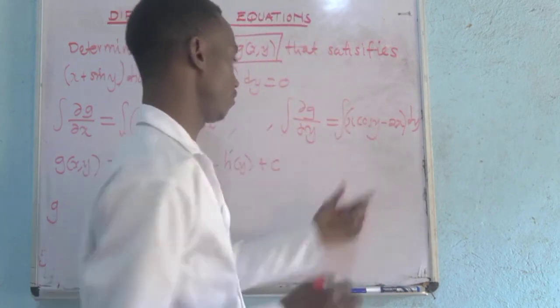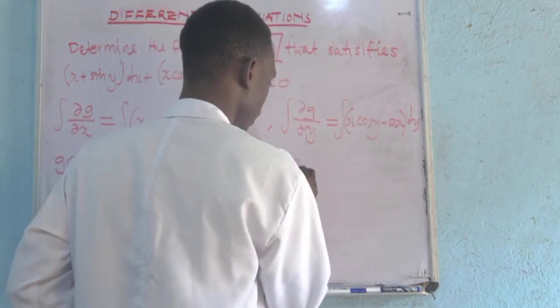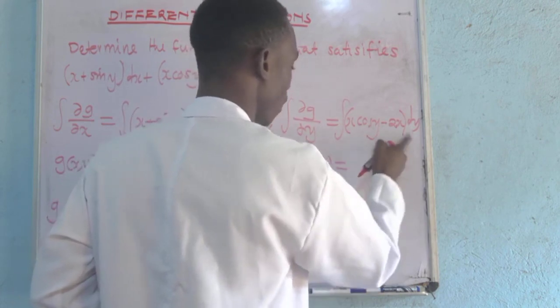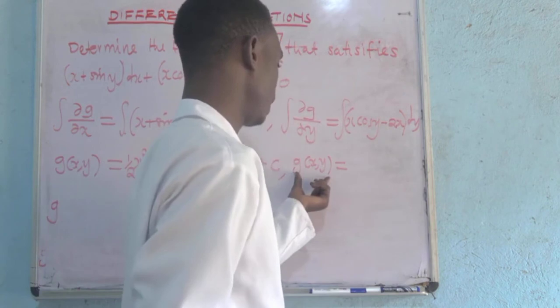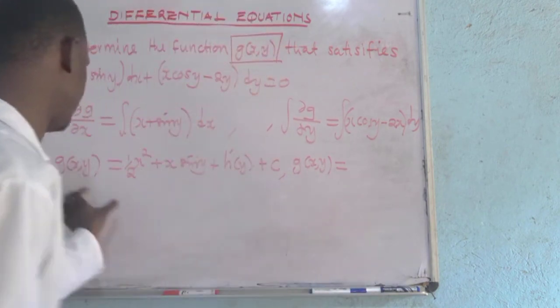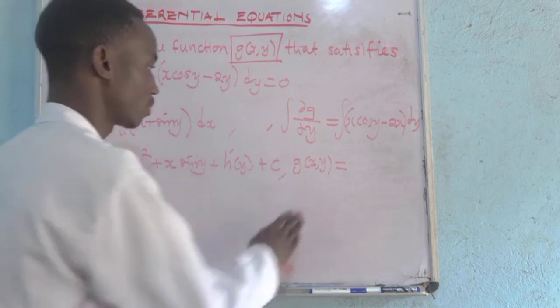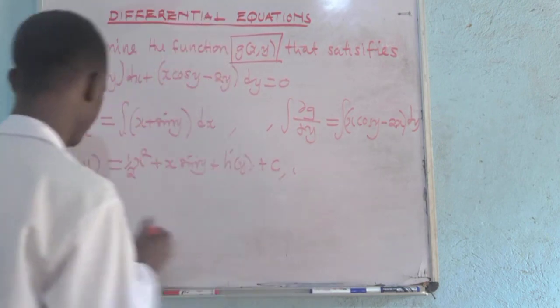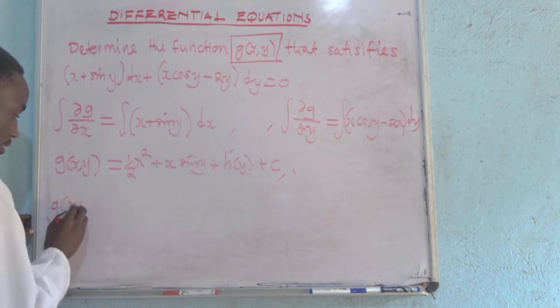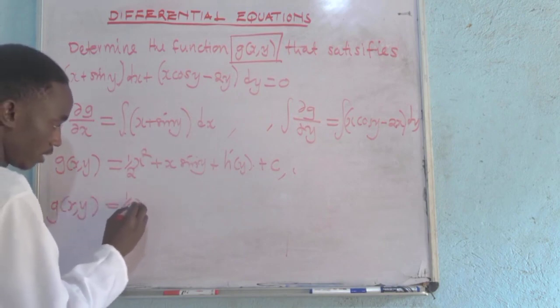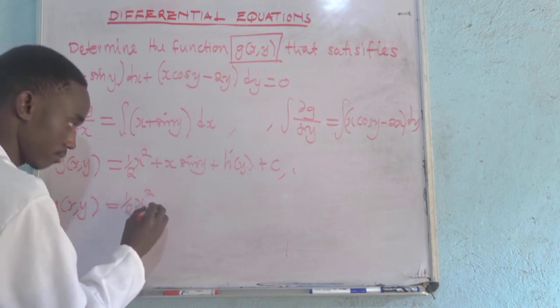So if we integrate, this is then going to be g of x of y being equal to, so what you have here is such that already what you obtained, g of x, is equal to this part here. So that's why we proceed by writing as it is g of x of y being equal to, starting with what you already have like this.